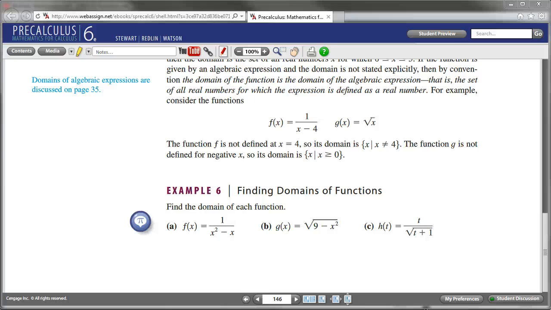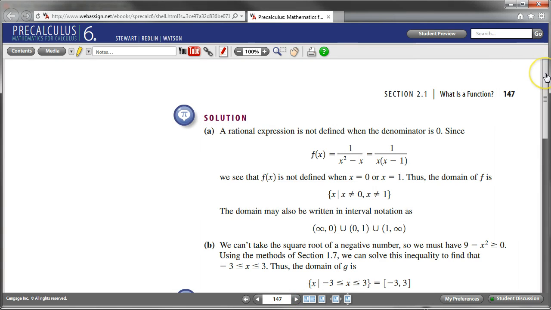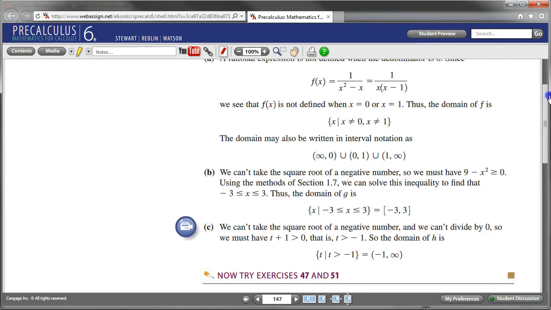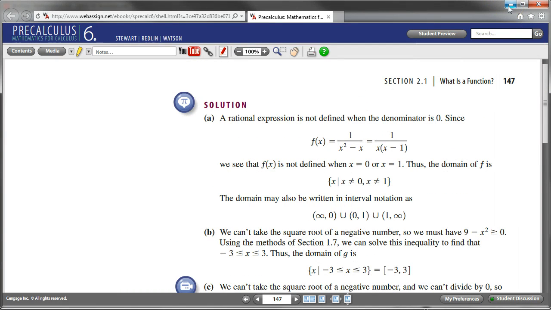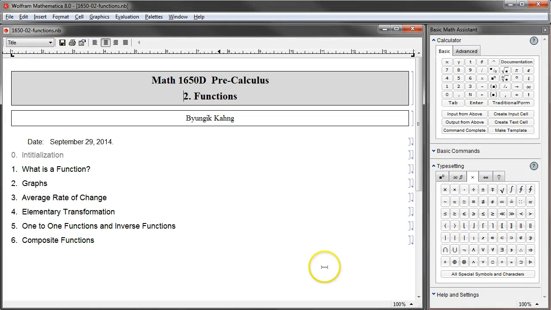So t plus 1 is strictly greater than 0 for C. Just do those problems using standard technique, and we have these kinds of solution sets for A, B, and C. I'll leave the details to students and then just resume our discussion with my notebook here.